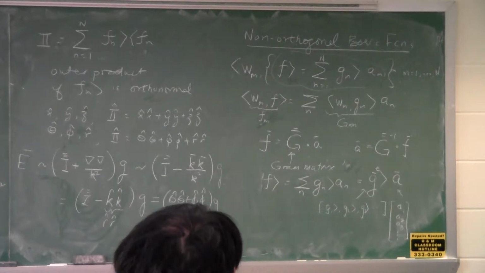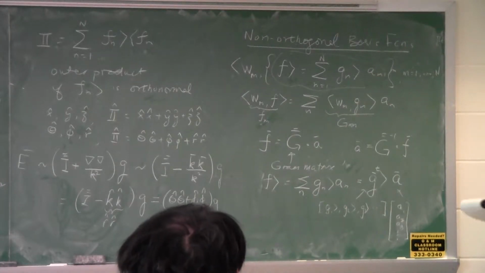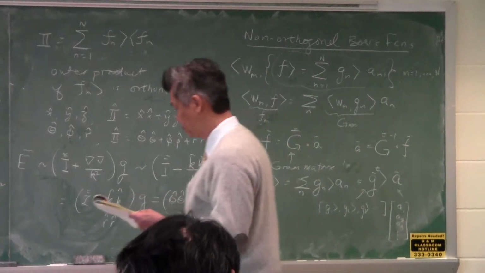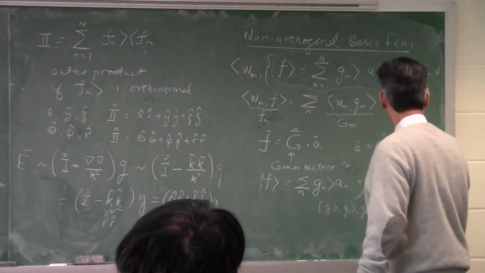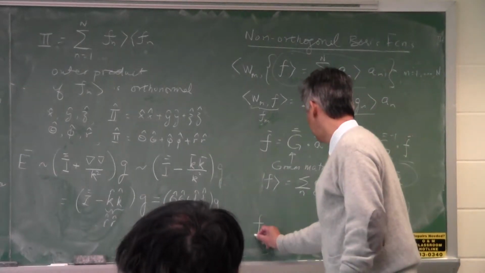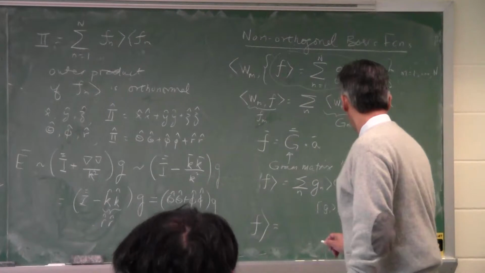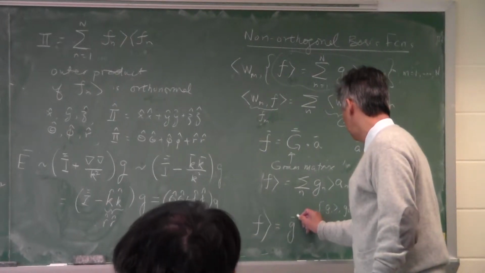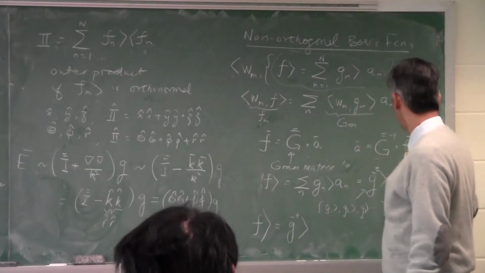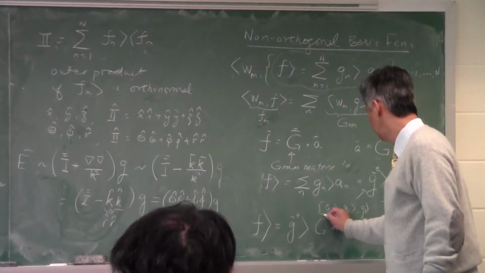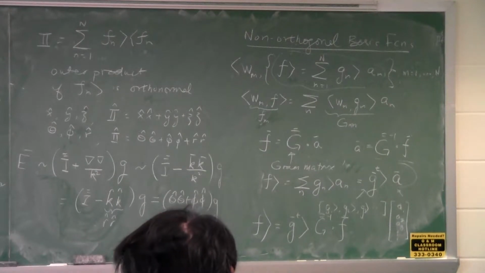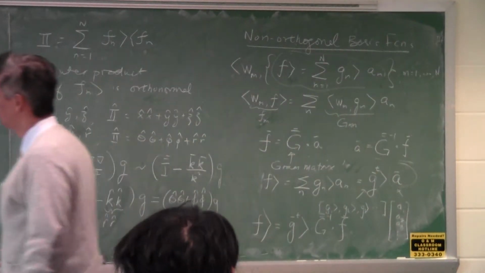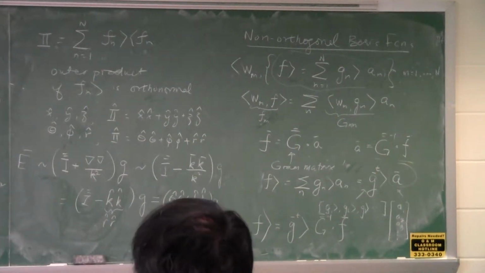Okay? So if I have that written compactly, then I can write this vector A in terms of that. So finally, I have this function, which is just equal to G transpose dot A, which is just G inverse dot F. Okay, so I have this rather compact way of writing that expression.